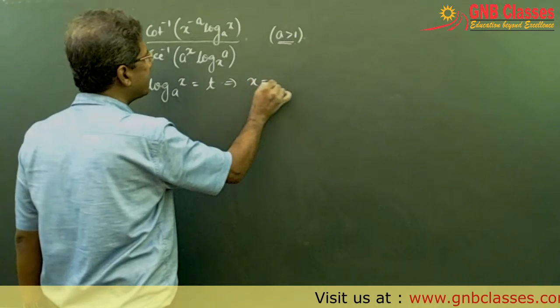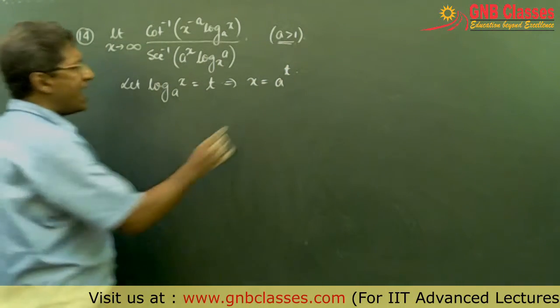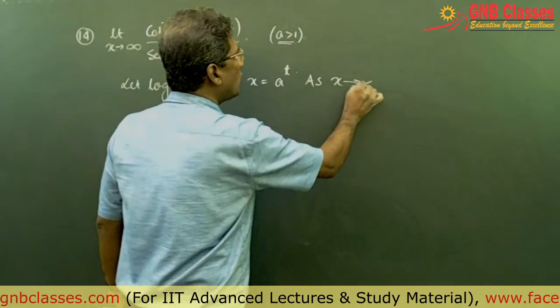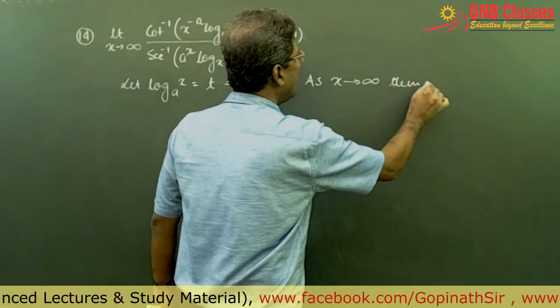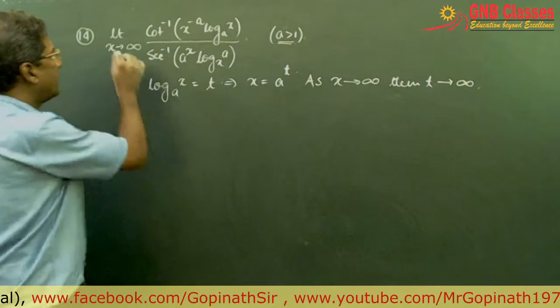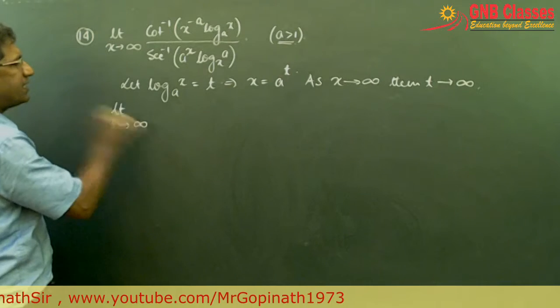Tell me. x is nothing but a to the power t. Am I correct? Now as x tends to infinity, t also tends to infinity. Is it clear?